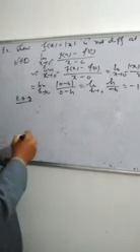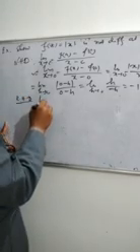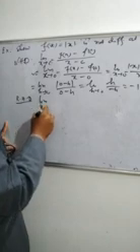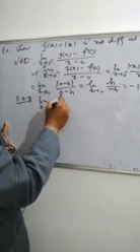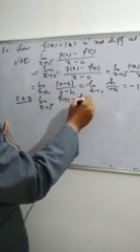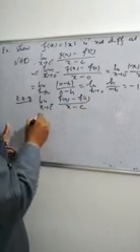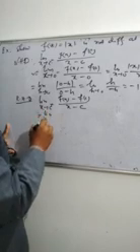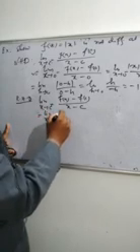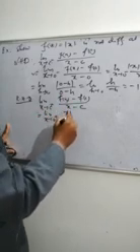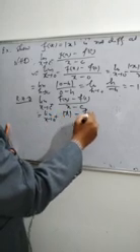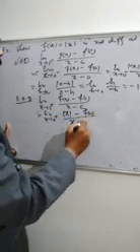What is RHD? In this case, the limit as x tends to c plus of (f(x) minus f(c)) by (x minus c). This will be the formula. For this case, the limit as x tends to 0 plus, it will be (modulus x minus f(0)) by (x minus 0).